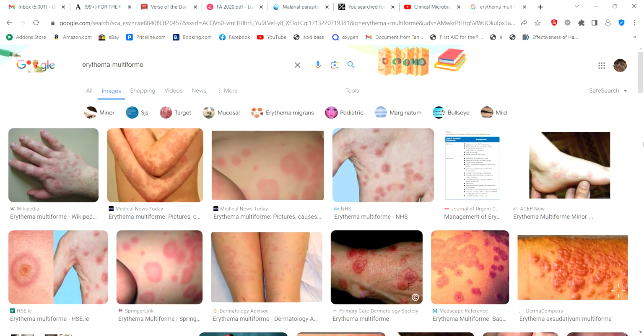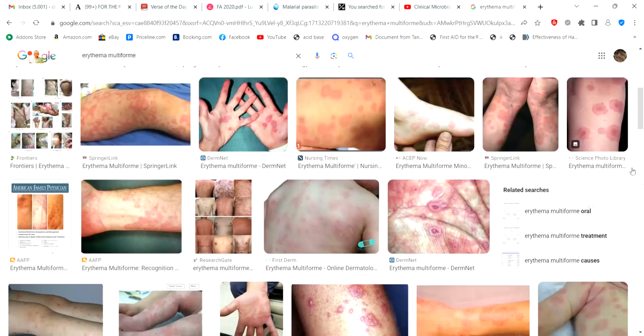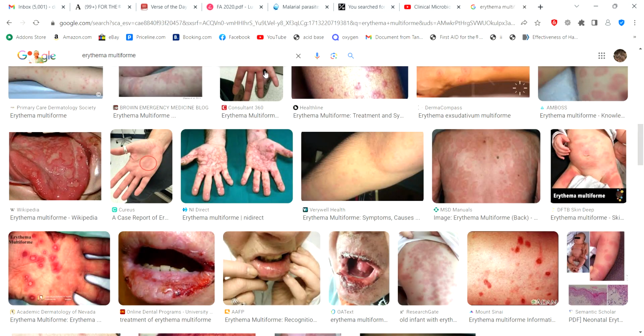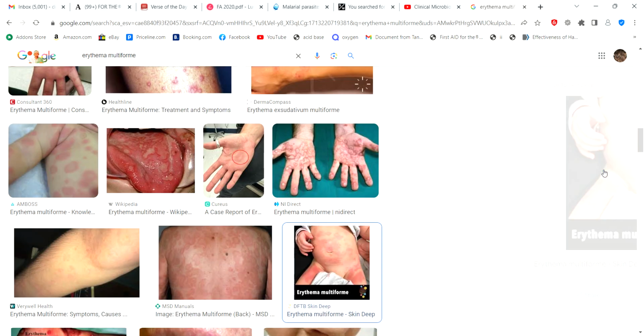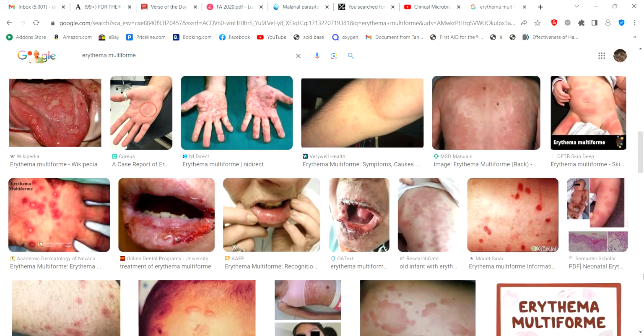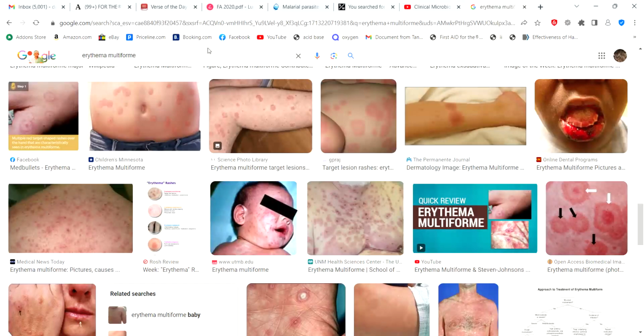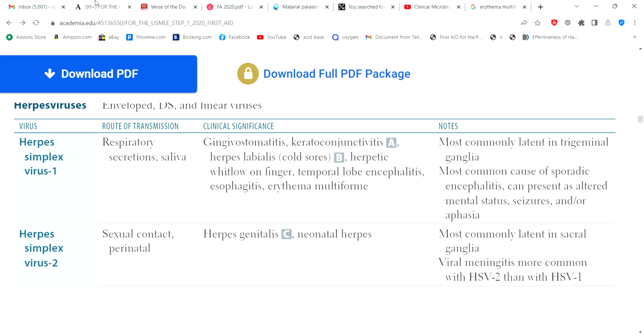This is erythema multiforme caused by HSV1. This is erythema multiforme in a baby. It presents 1 to 2 weeks after the infection of HSV1.